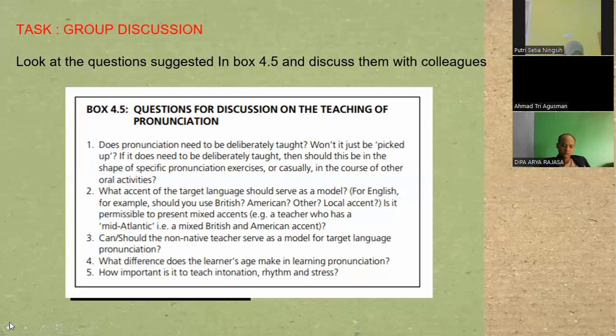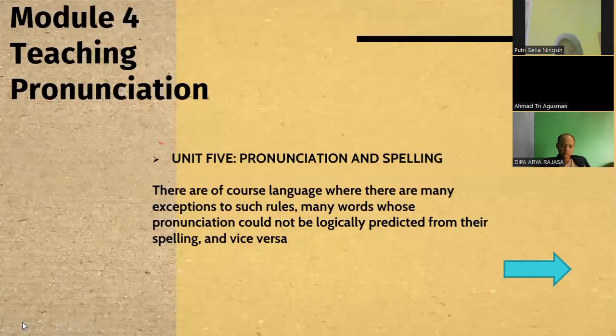Number three, can or should the non-native teacher serve as a model for target language pronunciation? Number four, what difference does the learner's age make in learning pronunciation? Number five, how important is it to teach intonation, rhythm, and stress?